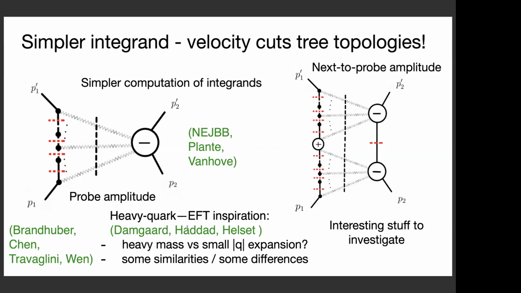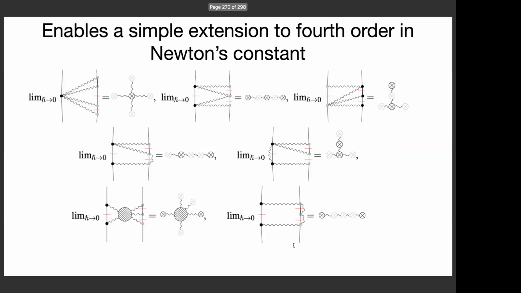And this is also very linked to other approaches like the Queen Mary group, Brandhuber, Chen, Travaglini, and Wen, who developed a heavy quark way of thinking about this. And it is definitely linked, the heavy mass, to the small q expansion. So there's some interesting stuff to investigate about which methods are the most simple.